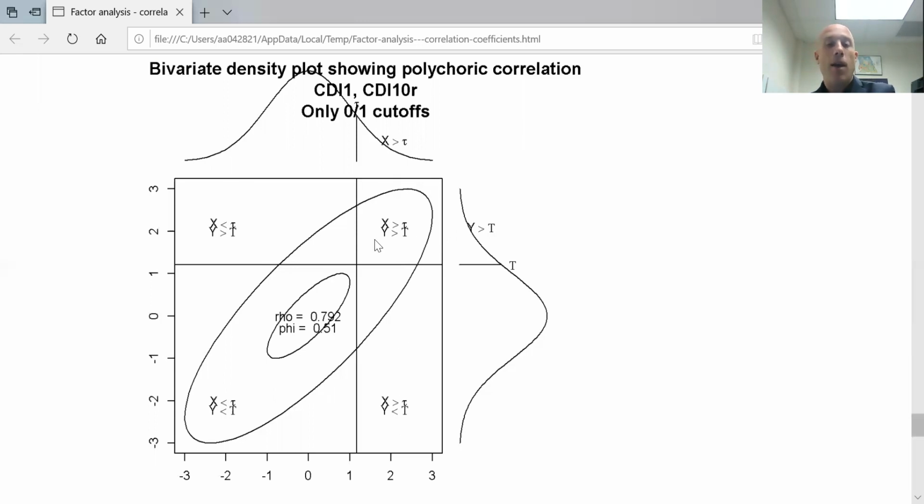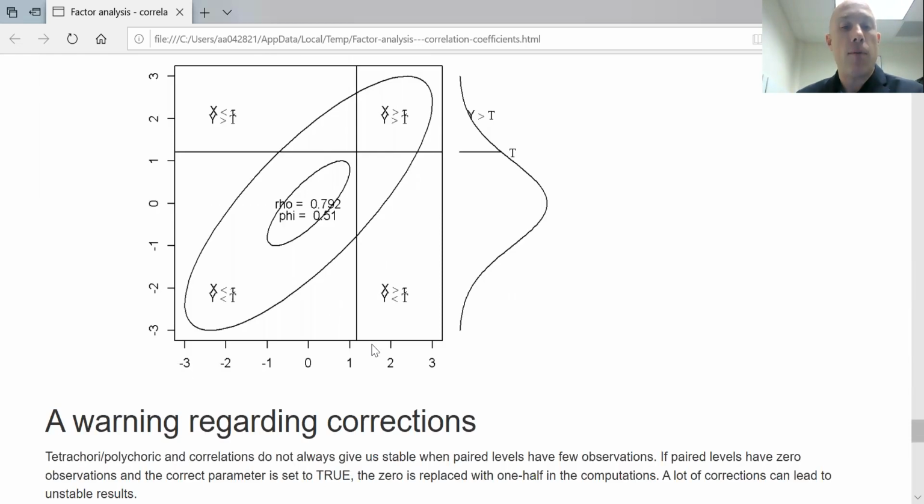Unfortunately, I can't. And we can see that observing a 1, 1 would be pretty rare, actually, in this data set. But a 2, 2 would probably be more common. And we can get an idea of the magnitude of how frequent things are just off of this visualization.